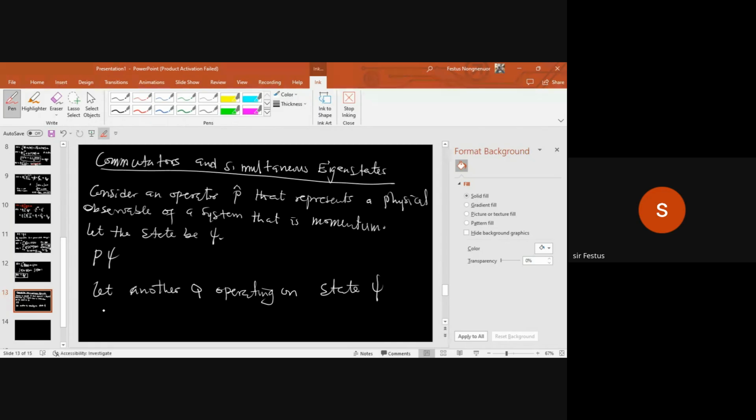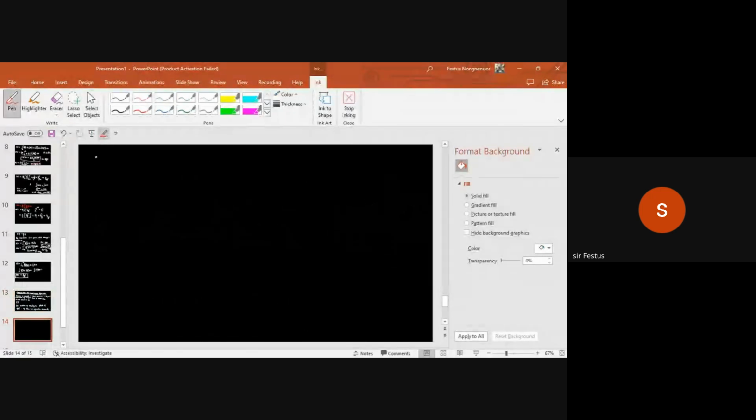So we said operators act to the left of the function. Now, if these two operators commute, it means that when we take PQ of psi, it must be the same thing as QP of psi.